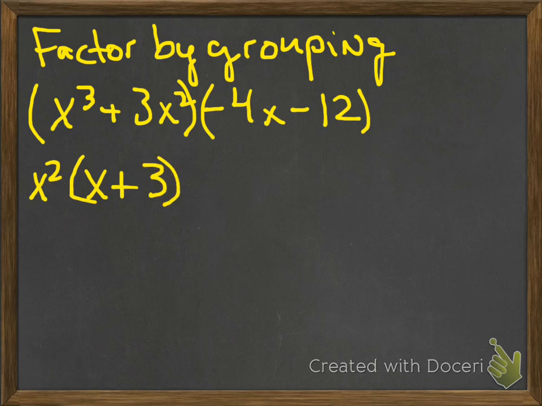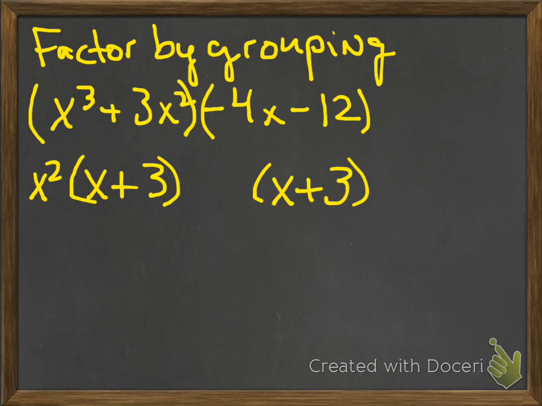The way factor by grouping works, whatever's in the first parentheses should end up in the second parentheses for the second group. So I'm going to write x plus 3 here. That means whatever I take out of negative 4x minus 12 should leave me with an x plus 3 also.